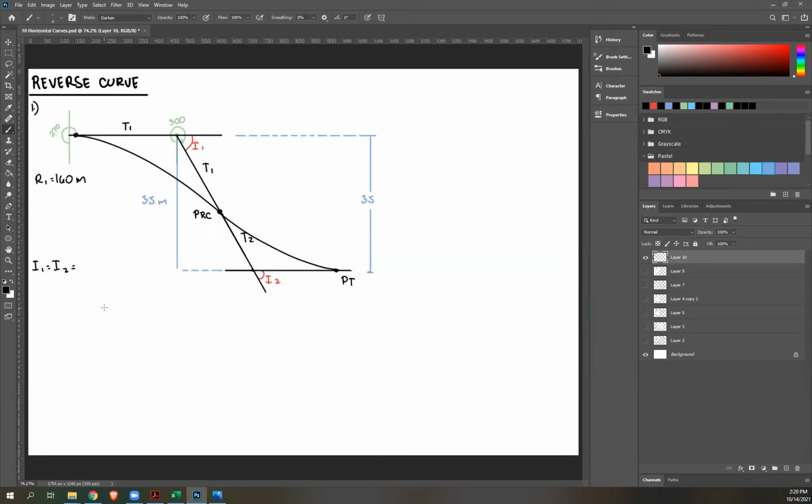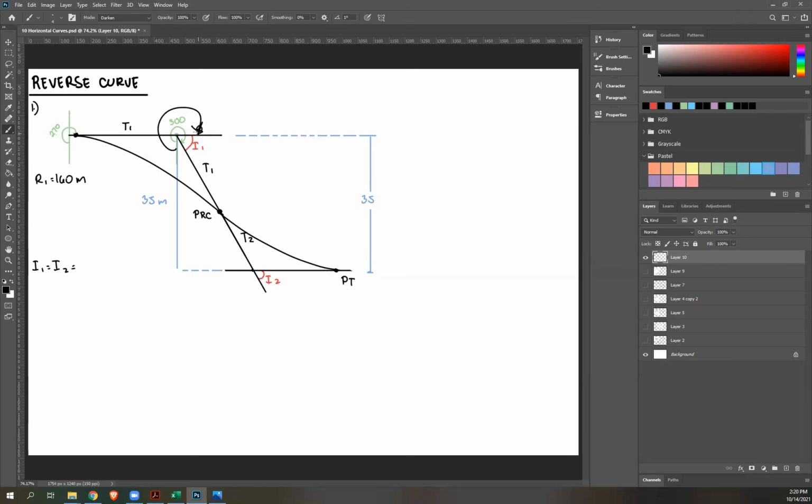Okay. So if you've seen, to get I1, let's check here. This thing is 300. And this is 270. So 300 minus 270, that's how you get I1. Because it's the same horizontal line, it's going to have the same azimuth to that horizontal line.